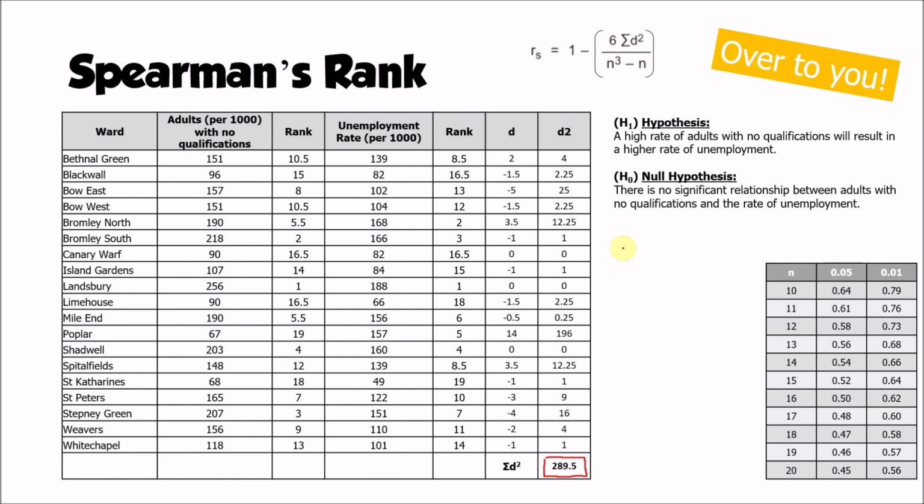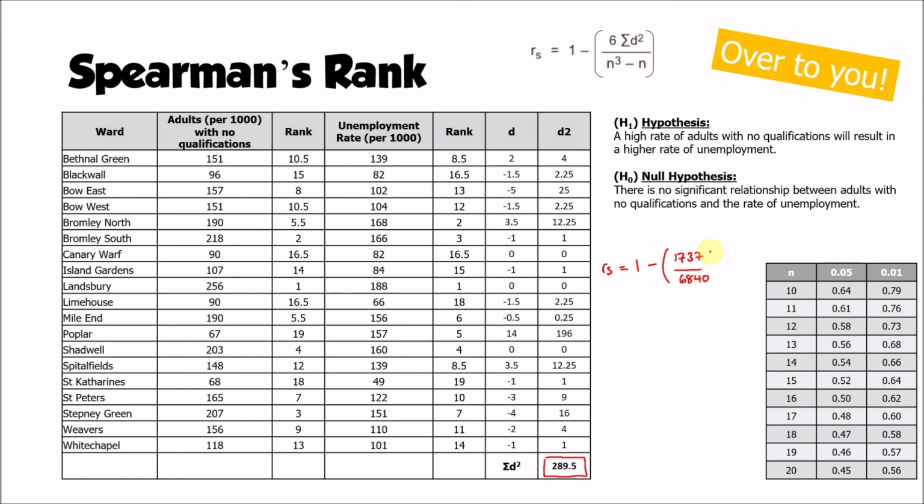Then what you needed to do was to put that data into the equation. So Spearman's rank is 1 minus 6 times the sum of d squared. So 6 times 289.5 is 1737, divided by 19 cubed minus 19, n cubed minus n, which is 6840.